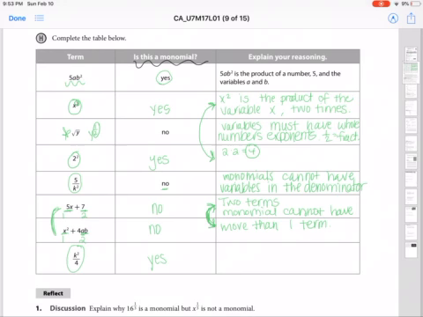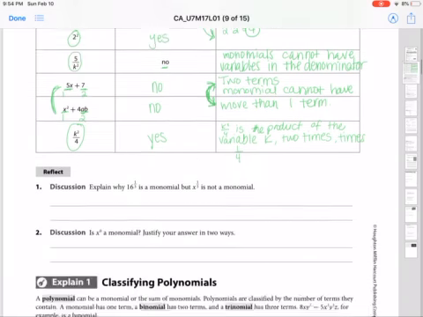Okay, and then k squared over 4 is a monomial because k squared over 4 is the product of the variable k 2 times times 1 over 4. Okay, and so let's go ahead and move on.